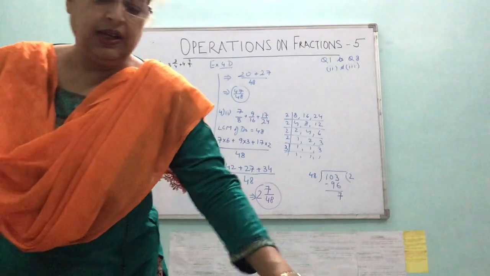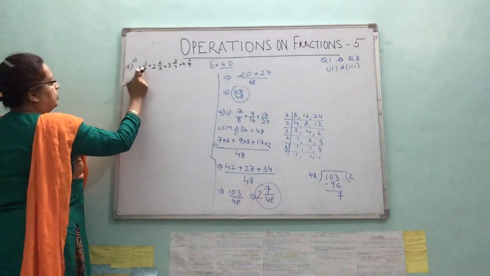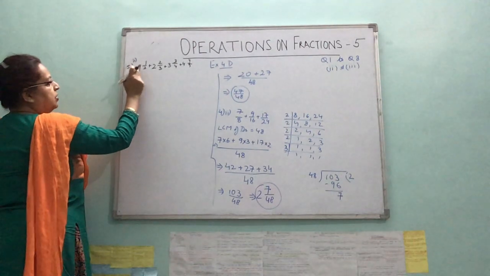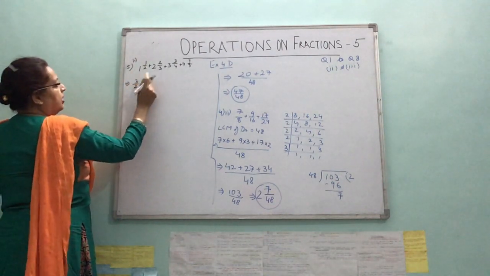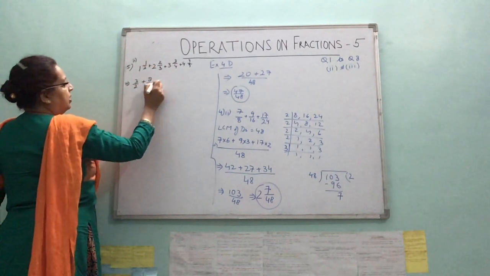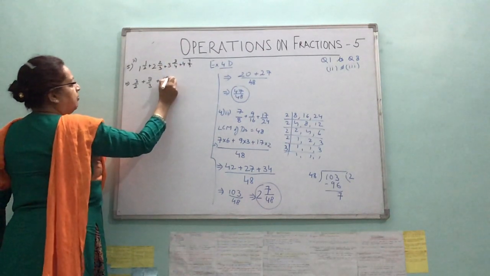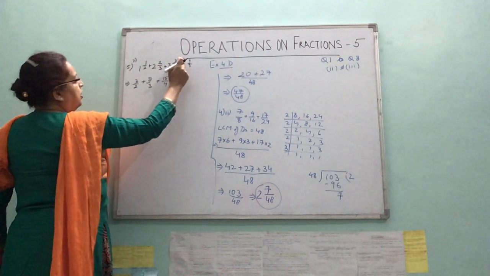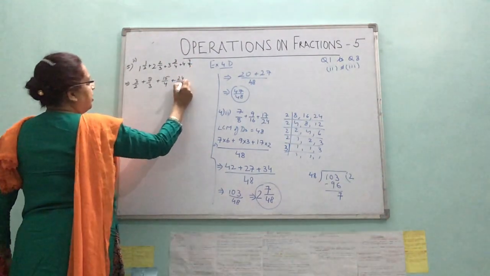First step, convert to improper fractions. 2 ones are 2, plus 1, 3 by 2. 3 into 2, 6 plus 2, 8 by 3. 4 into 3, 12, 12 plus 3, 15 by 4. 5 into 4, 20 plus 4, 24 by 5.